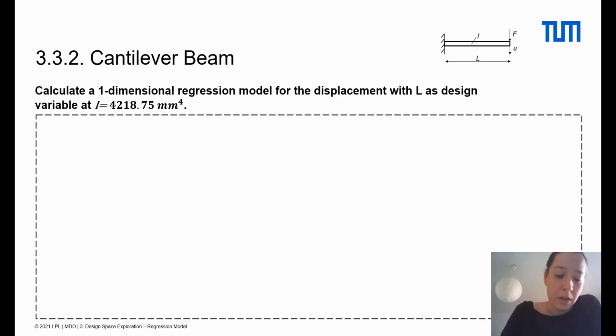First we have to build the matrices X and Y. So remember that X has 1s on the first column, and then the values for L in this case, which is the first design variable.